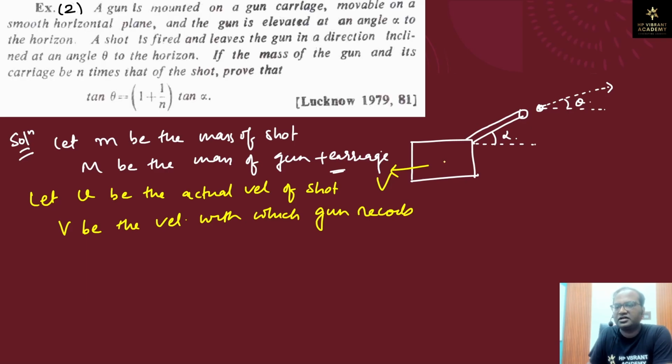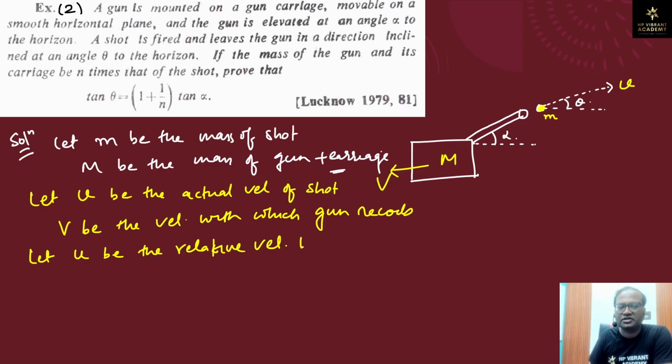The mass of gun and carriage is capital M, and this is our shot of mass small m. Now let us consider the relative velocity. Let small u be the relative velocity.